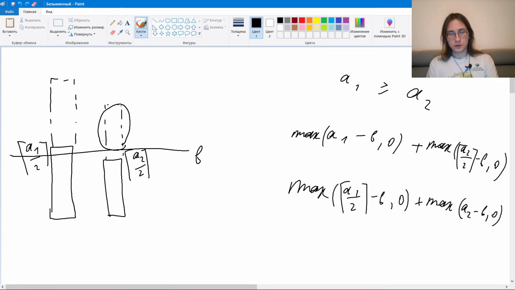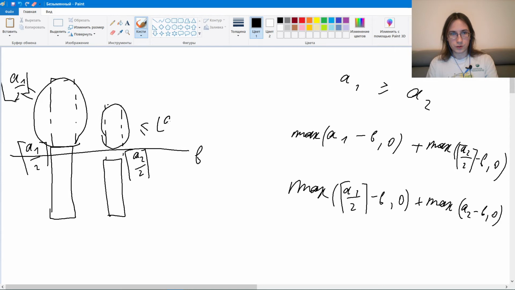So the overall amount we subtracted is this plus 2b. While in the second scenario, we subtract this plus 2b. This is equal to a1 over 2 rounded down, while this is something less or equal to a2 over 2 rounded down, which is less or equal to a1 over 2 rounded down.